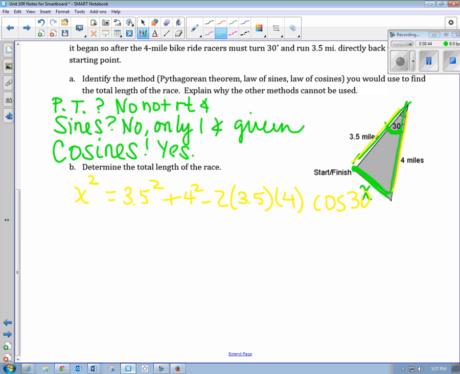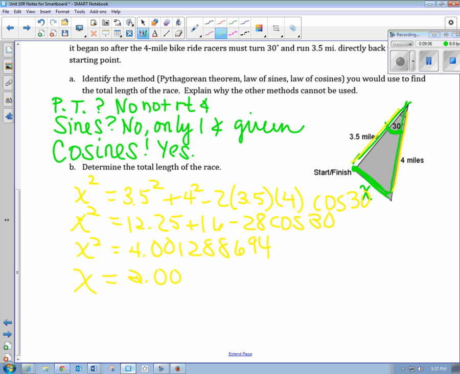I can type that all into my calculator. I'm going to put a couple of numbers here though, just to make sure that you know what you're doing. I end up with 4.001288694. Square root both sides, and I end up getting that value for x.